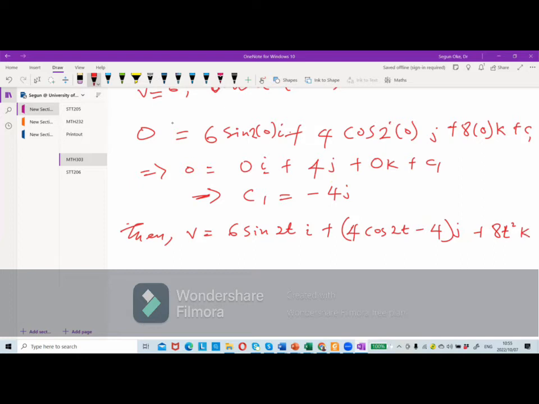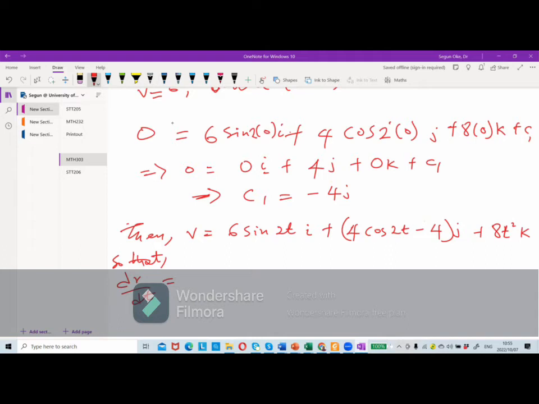So that's our new v. Now we can go ahead and say r is the integral of v over dt. For us to integrate now, what do we need to do?